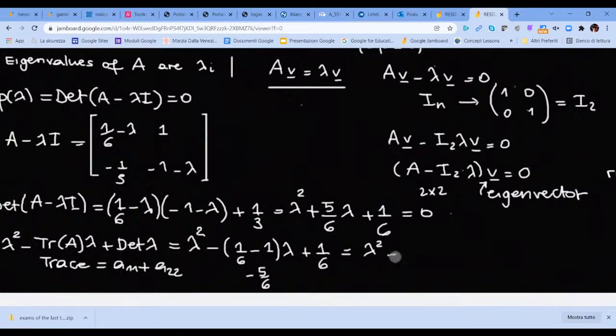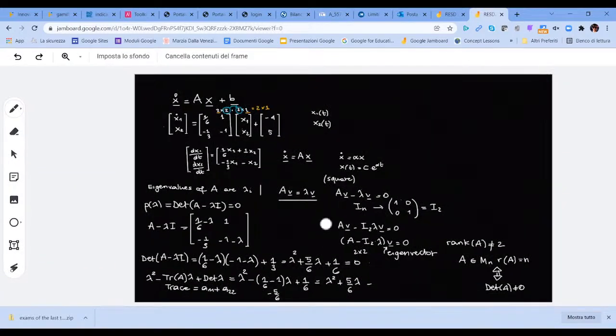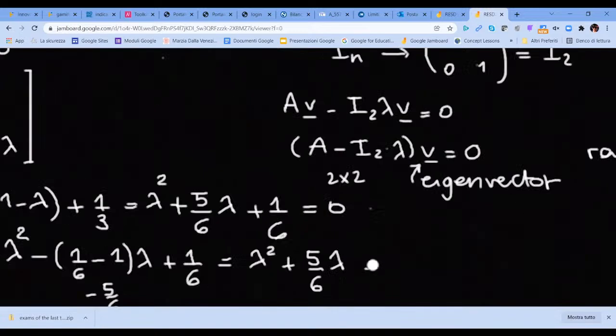Minus 5/6 is plus 5/6 lambda plus 1/6 plus 1/6. Okay, so as you can see, it is the very same.